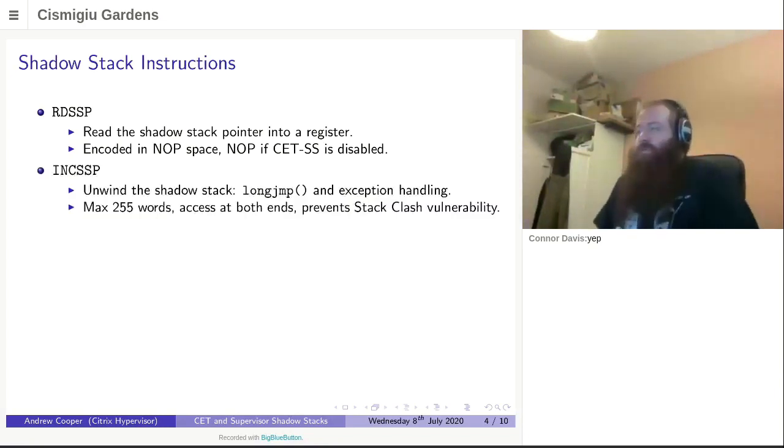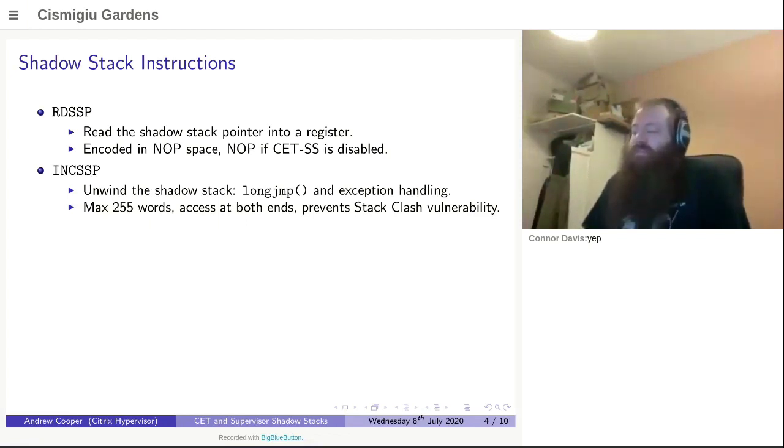As is fairly common knowledge, long jump and exception handling are things that you would find in normal execution. So there is an inc SSP instruction for incrementing the shadow stack. This is used to unwind a specific number of words from the shadow stack.